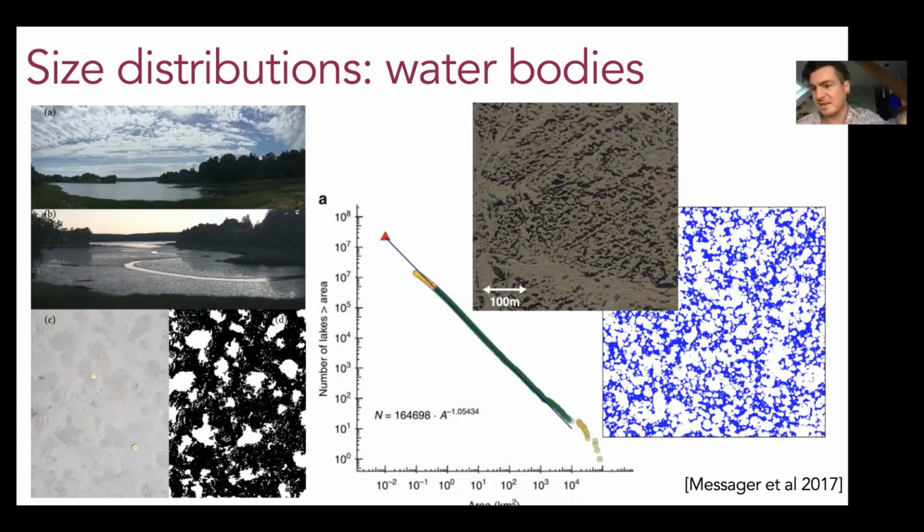And instead of looking at random stuff on a chessboard that seems totally abstract and has nothing to do with nature, all of a sudden it becomes an extremely good description of the relative abundance of lakes of different sizes on Earth. And we actually see that this happens not just for lakes, but for all kinds of different water bodies.